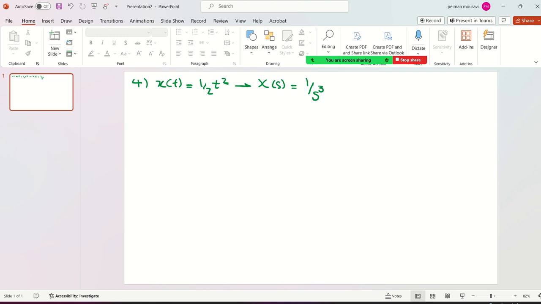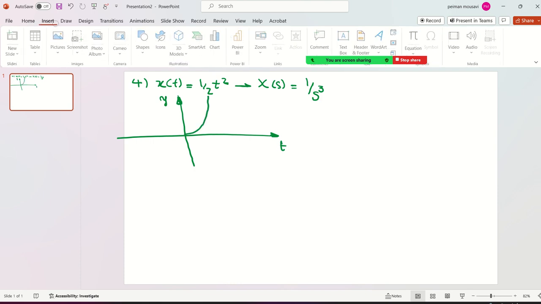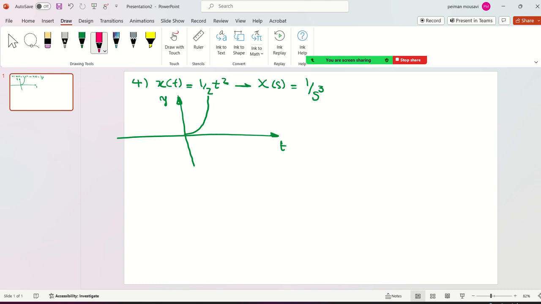So again, what to expect to see, guys? This is a parabolic input to the system. What is going to be the output? Tell me.